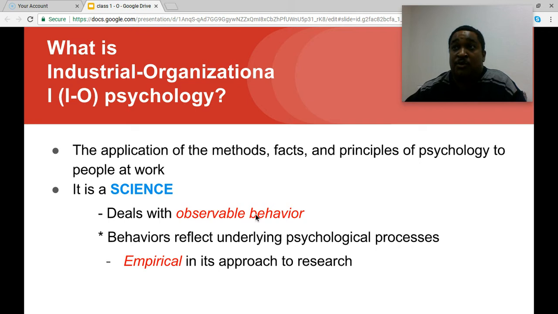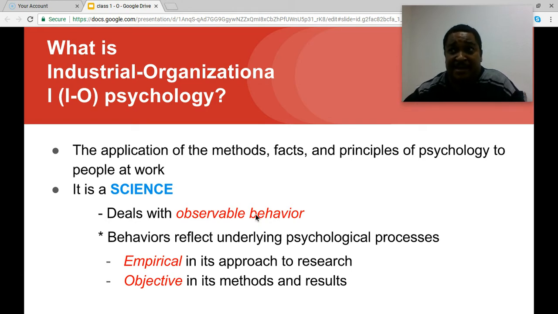Empirical in its approach, which means that it is valid. That means that it is something that can be observed. Objective in its methods means that it can be tested. So basically, we are going out there and looking for something that can be researched, that can be studied, that can show up whether you're in California, Florida, West Virginia, or Maine.